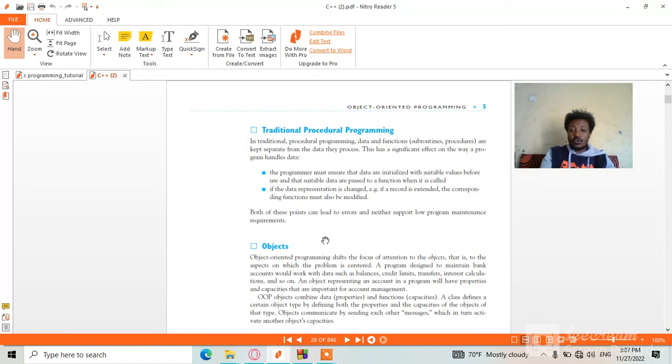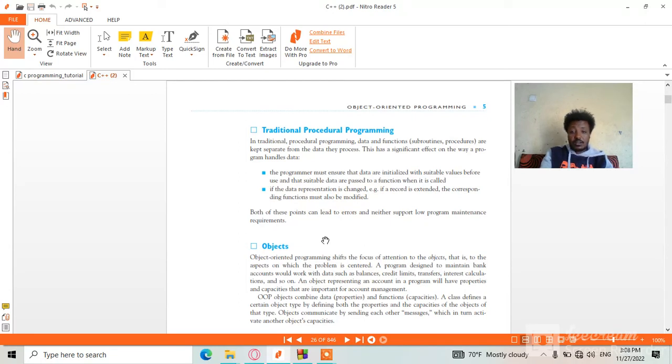Based on this data, how do you design the program? You may have objects: balance is one data, credit limit is another, transfers another, interest calculation another.